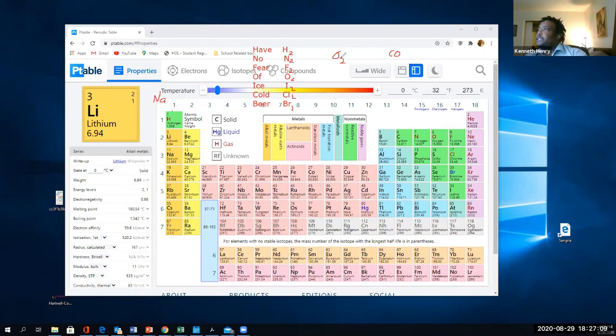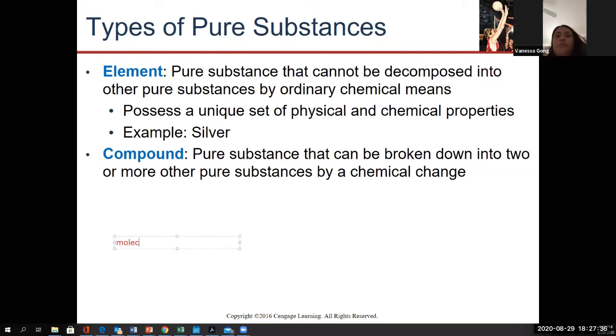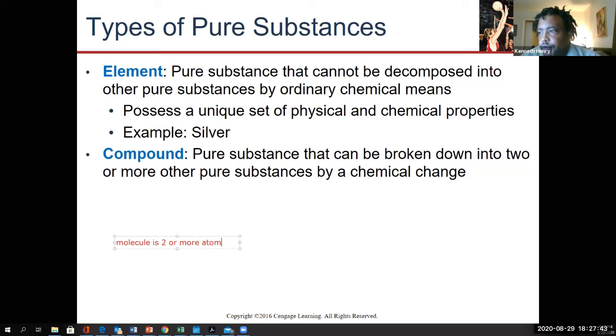Okay, you guys ready to go back? Since we talked about that, that helps us with our definitions. I had molecules down here. A molecule is 2 or more atoms.